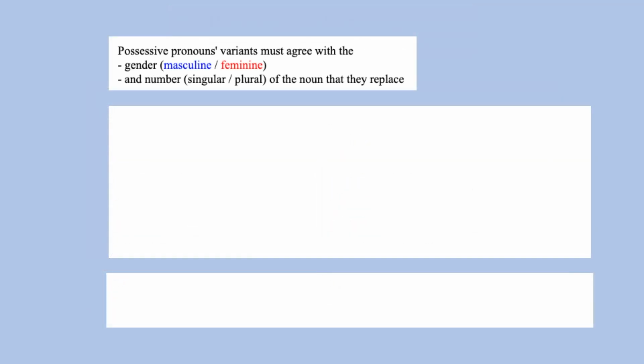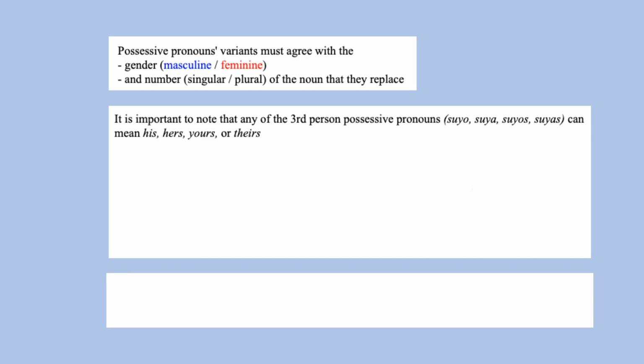Possessive pronoun variants must agree with the gender and number of the noun they replace. Also note that any of the third-person possessive pronouns can refer to his, hers, yours, or theirs, so you may need to further clarify this in a sentence when using any of these pronouns.